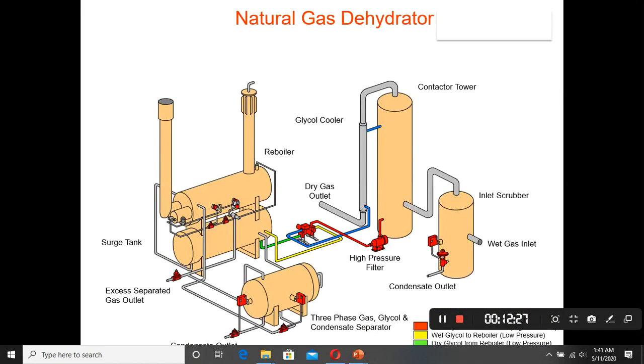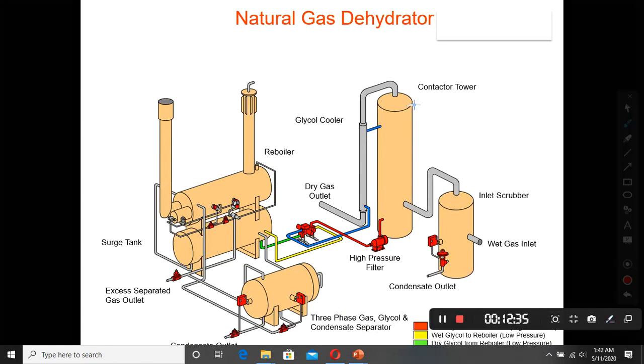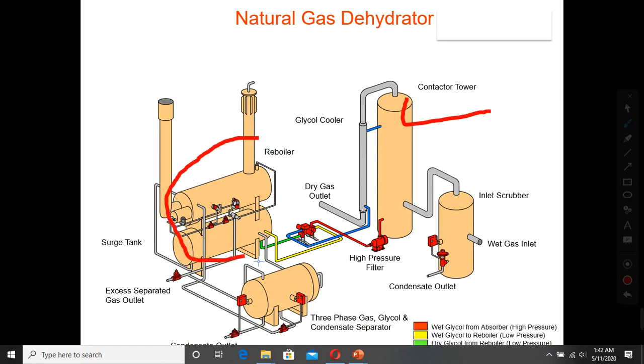Now we talk about this natural gas dehydration plant. The major equipment here is this contactor tower. Then the other major part is this one, where the glycol is regenerated.